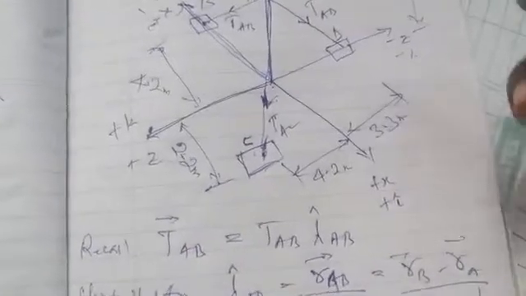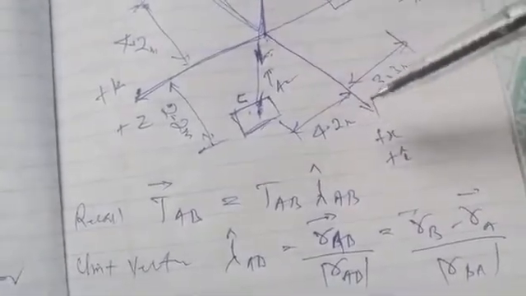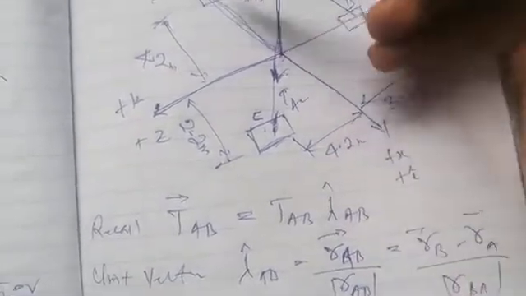Let's locate point B. X is positive forward, so moving backwards is negative, and point B happens to be backwards.